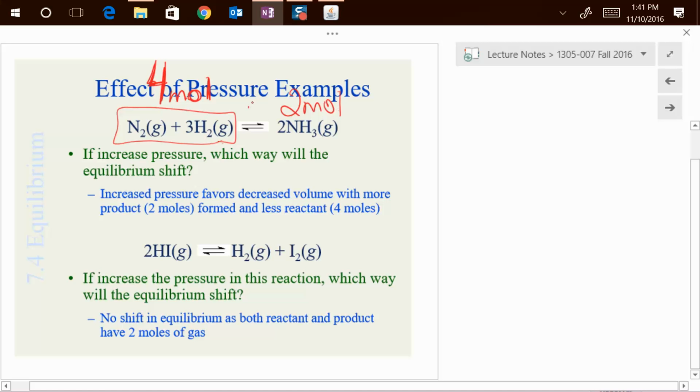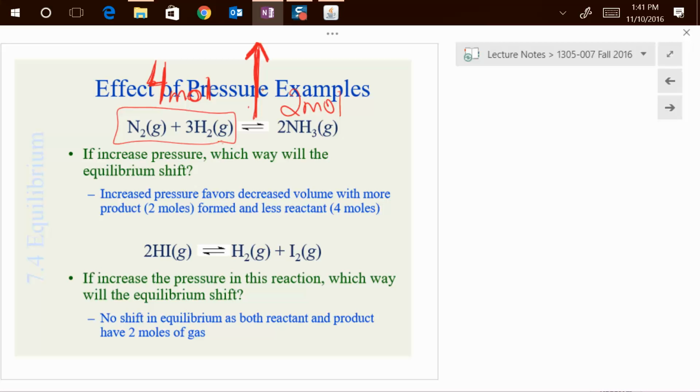So if I increase the pressure, which side is it going to shift to? If I shift it to the 4, that's going to cause the pressure to continue to increase. If I shift it to the 2, it's going to bring the pressure down. So if I increase the pressure, what does it want to do?